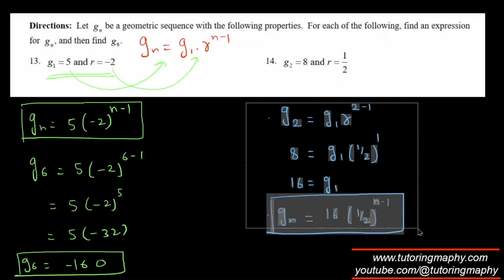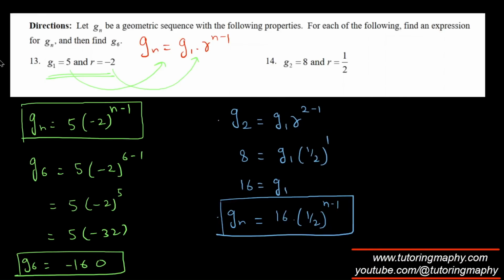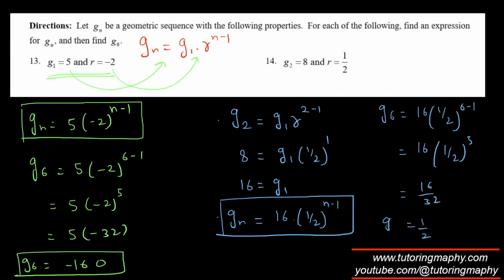All right. G_6 is going to be 16 times 1 over 2 raised to 6 minus 1. So 16 times 1 over 2 raised to 5. 2 raised to 5 we just found, right? 32. So 16 over 32, which is just 1 over 2. Well, that's nice. G_6 is 1 over 2.